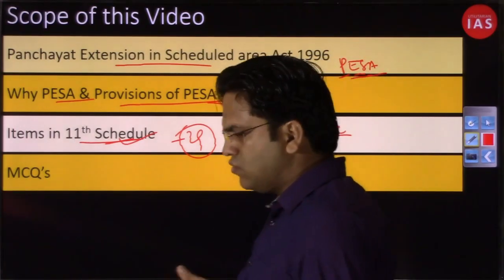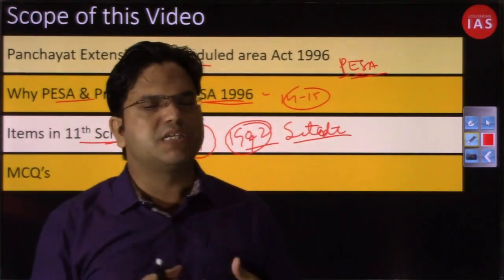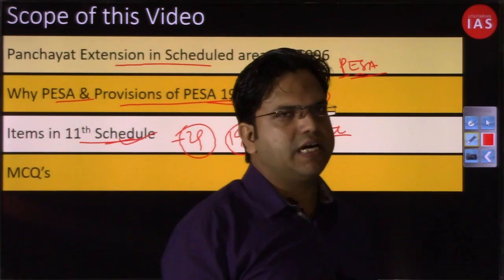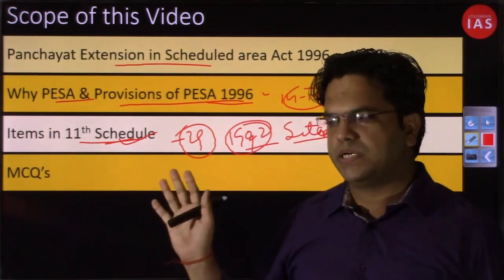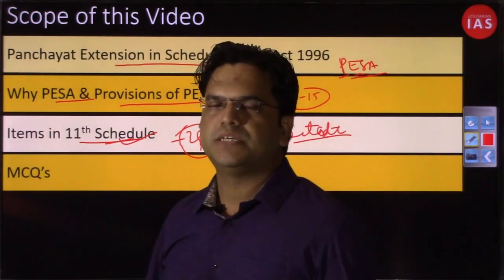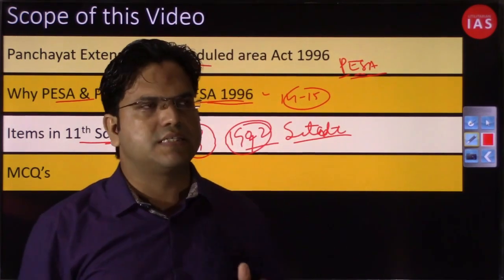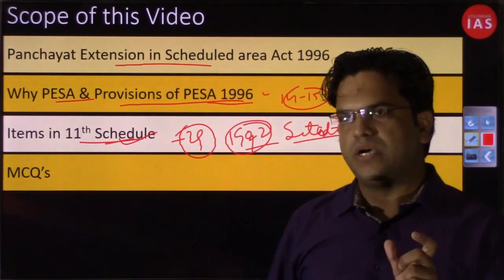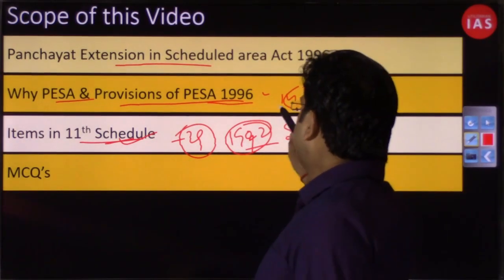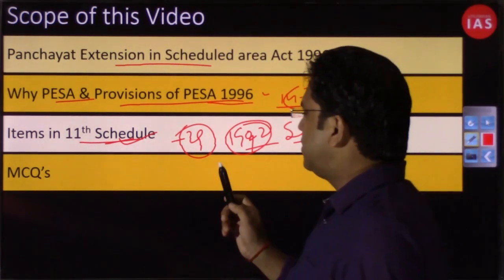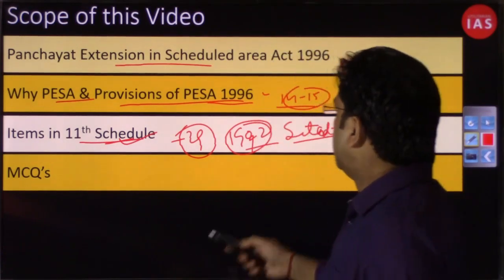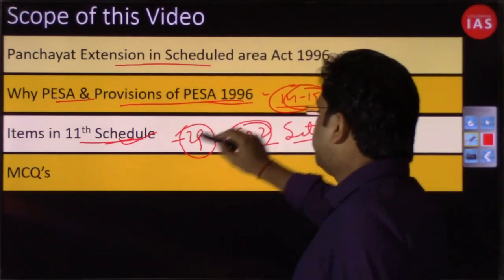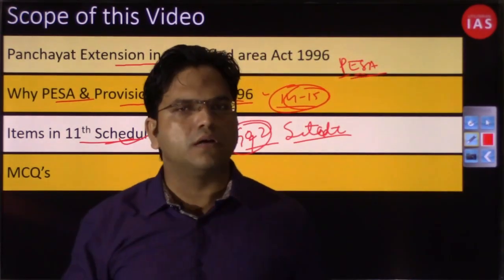If you have seen the videos on special provisions for certain states, which we covered prior to this Panchayati Raj, the chapter covering Article 371, then remembering these 14 or 15 items is not going to be very difficult for you.